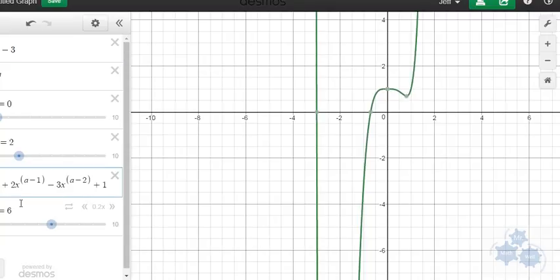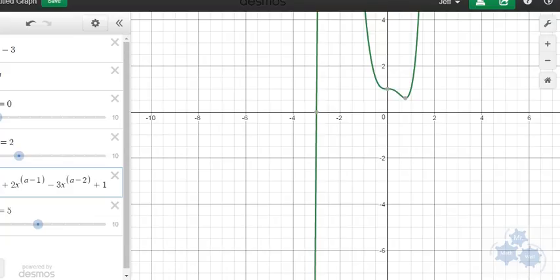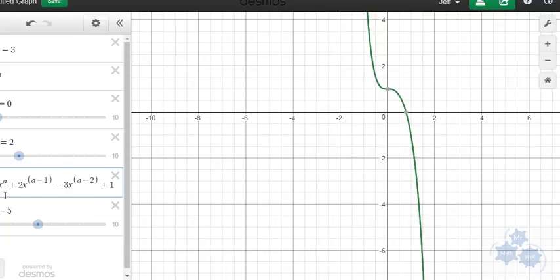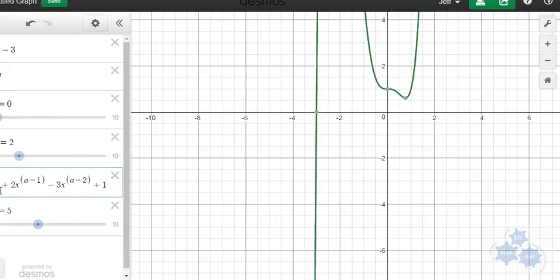What about this though? Now this is my leading coefficient, right? So let's pause it for a second. What if I put just a negative here? Now it doesn't necessarily flip it like a mirror, but what does it do? What changes? Okay, there's that, and this is a quintic function.